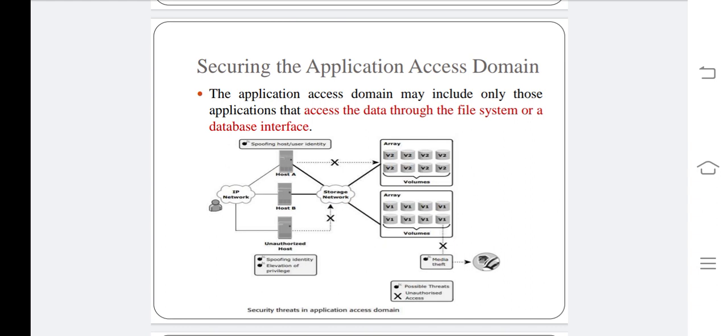Some of the possible threats could be host A spoofing the identity of host B to gain access to host B's resources. Another threat could be an unauthorized host gaining access to the network.